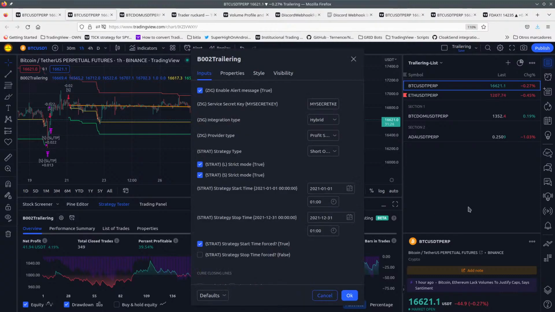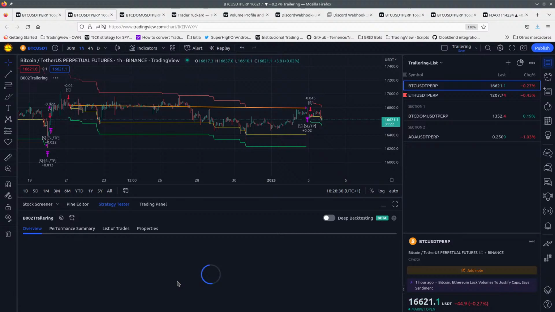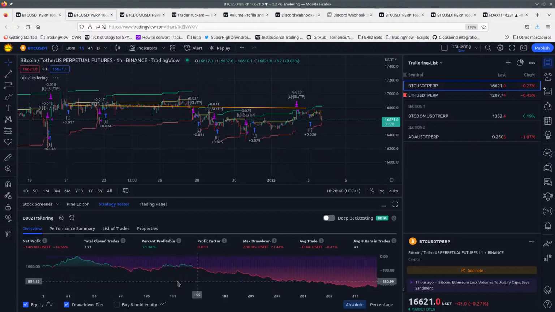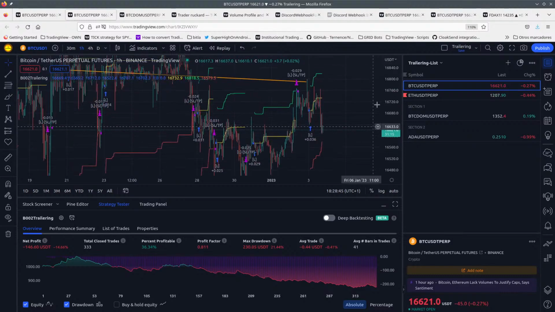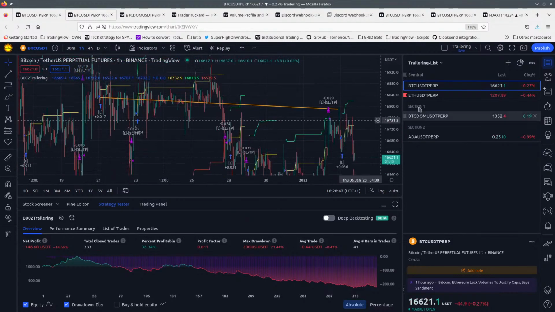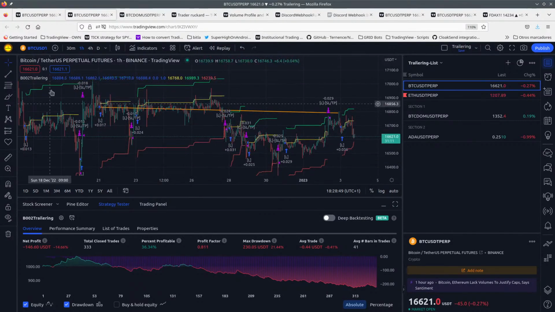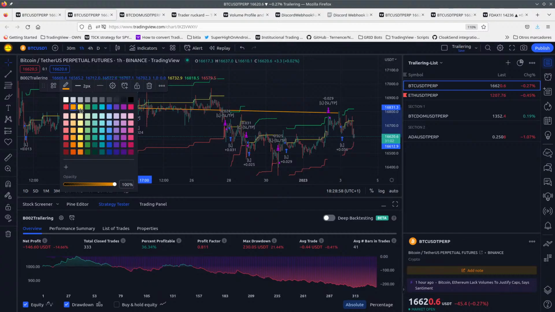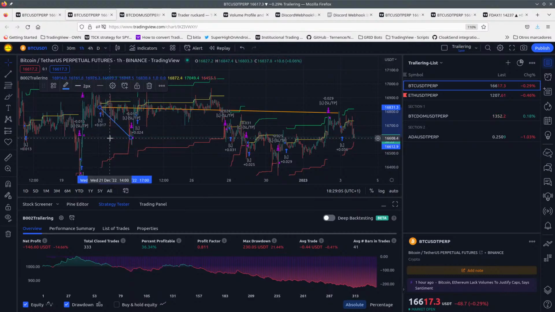And now if we switch to long only, what we get here is a stop loss, which I'm going to paint with another color, like this blue here.